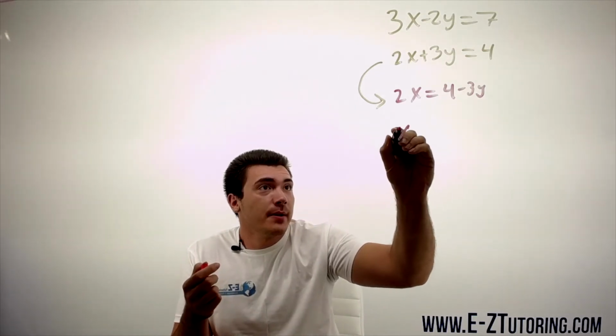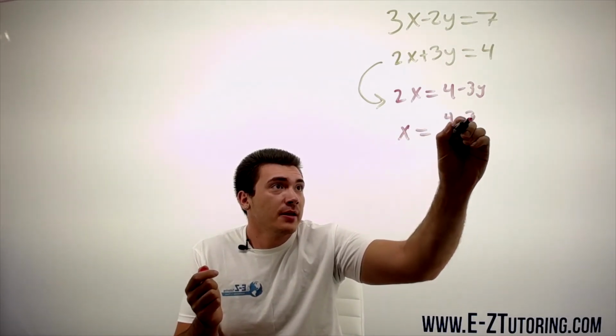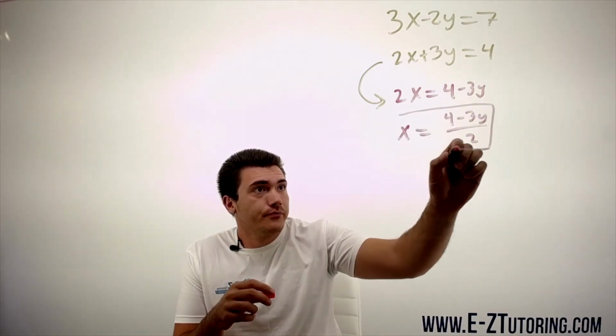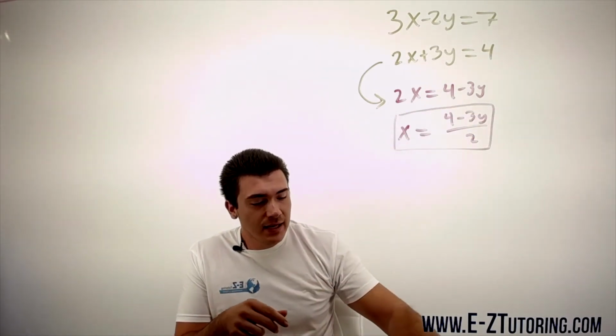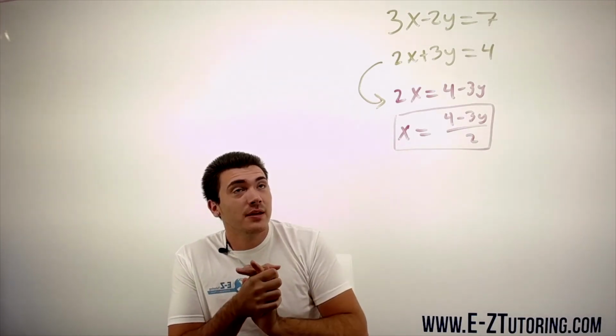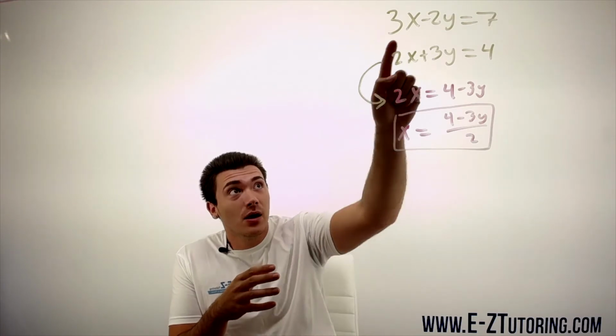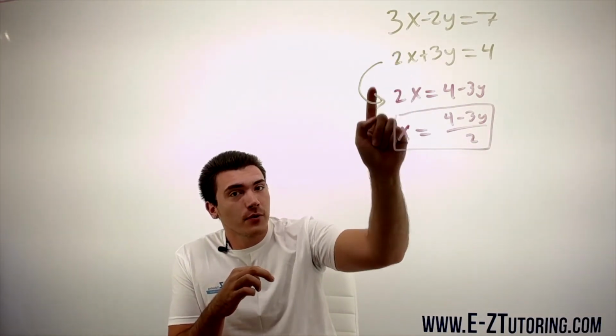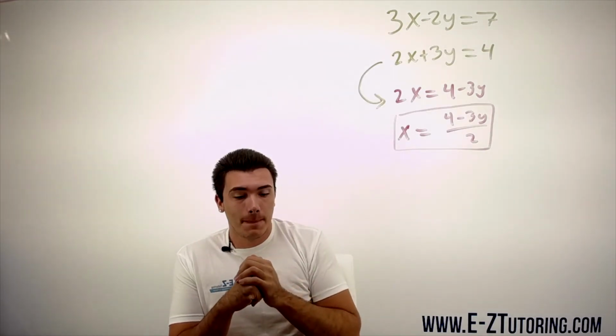Then simply divide by 2, and x equals 4 minus 3y over 2. So that is going to be our substitution. That is what we are going to plug in for x in the other equation. Make sure to never plug it back into the equation you got it from, but into the other equation.